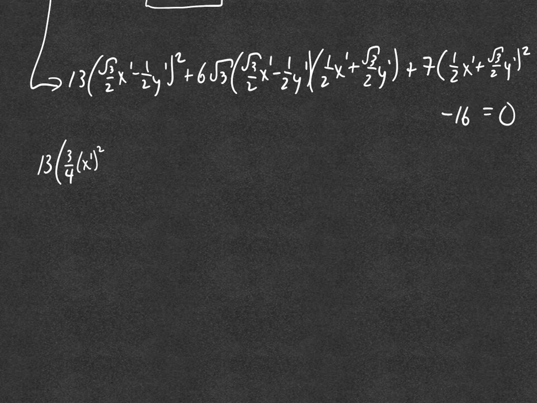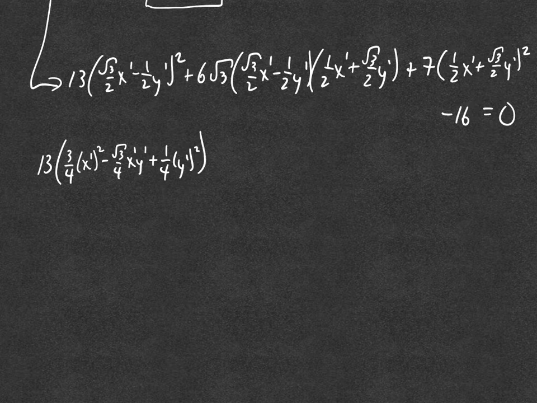The first term times the second term times 2, so that would be negative square root of 3 over 4 x prime y prime, and then the second term squared, negative 1/2 times negative 1/2 is positive 1/4 y prime squared. So there's my first FOIL.